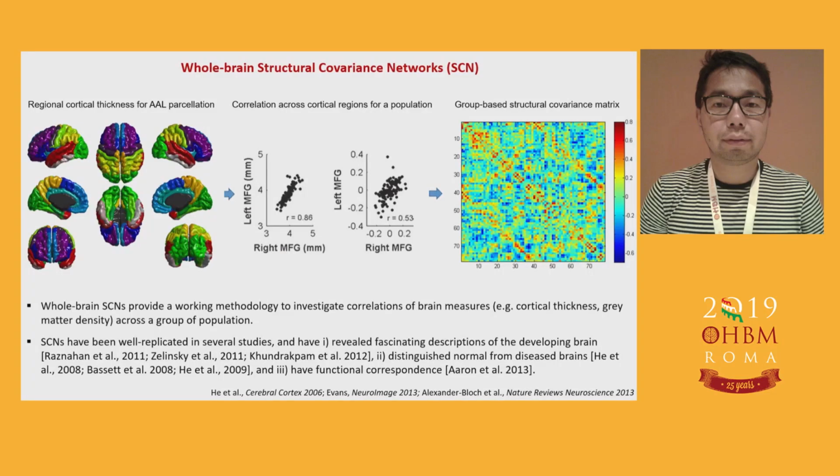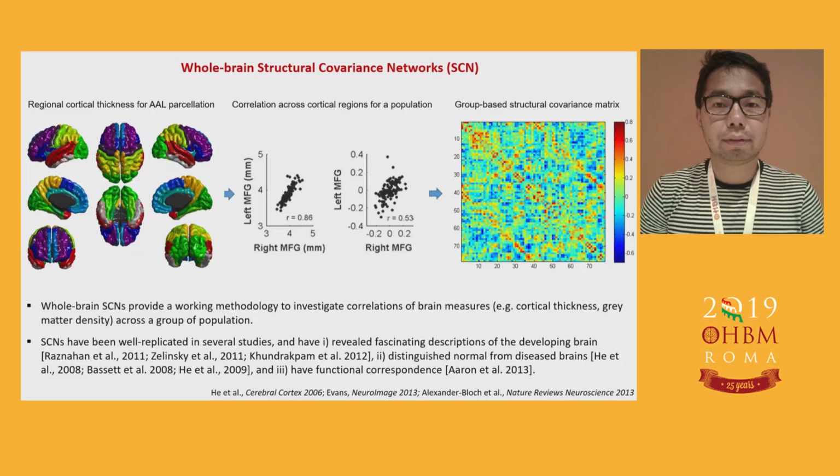Now, this was an example of a seed and a target. You could do this for the whole brain, where you parcellate the brain, for example, here based on the AAL parcellation, 78 cortical regions, and between any 2 pair of regions, you could get the correlation of the brain structure, and that correlation value leads to a correlation matrix, the structural covariance matrix.